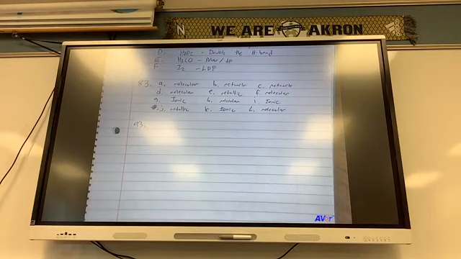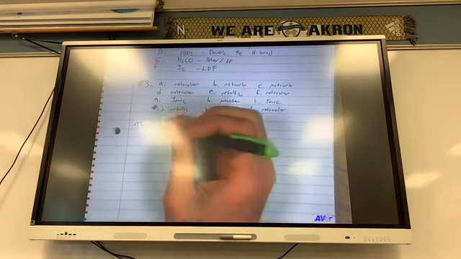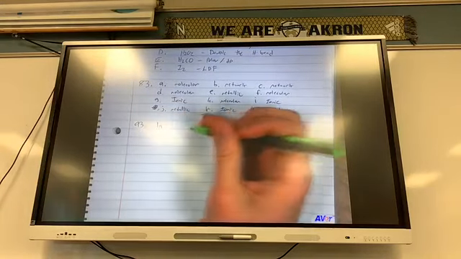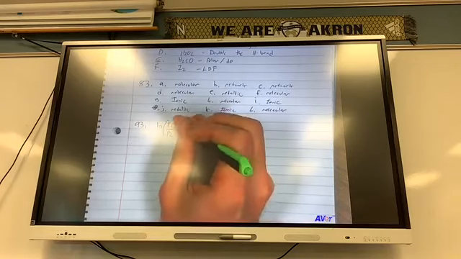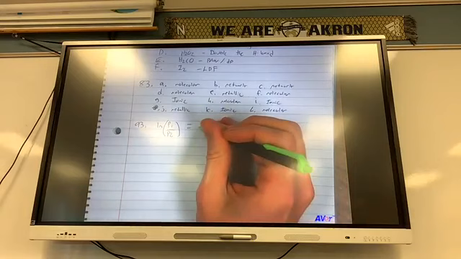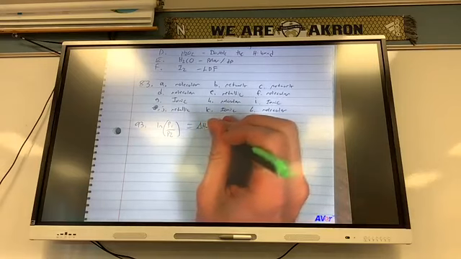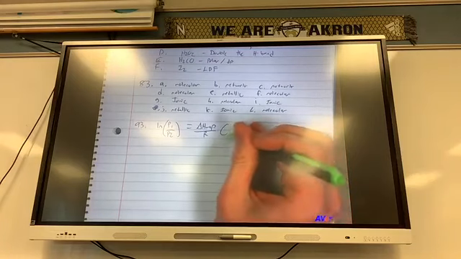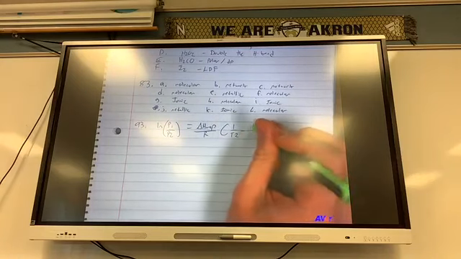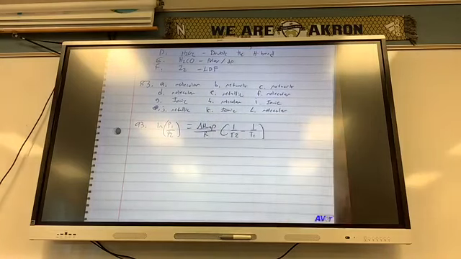You need a little bit of an assumption here. I know that the equation is natural log of P1 over P2 equals delta HVAP over R times 1 over T2 minus 1 over T1.